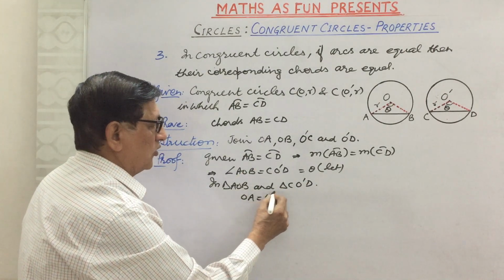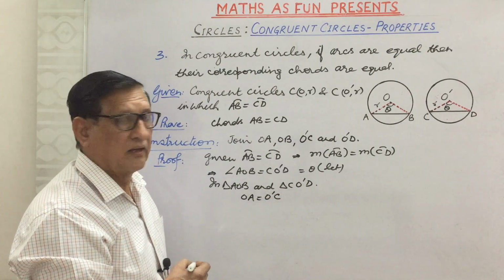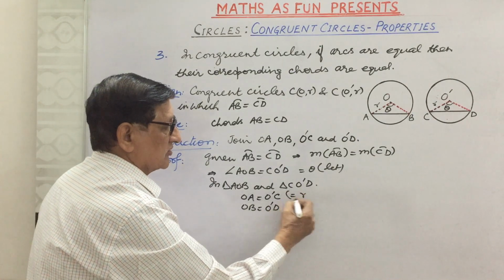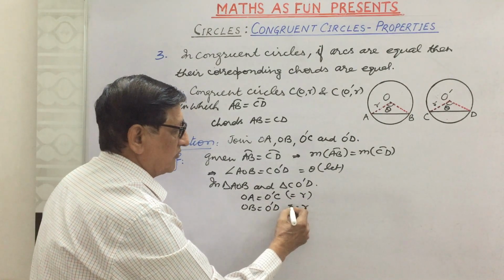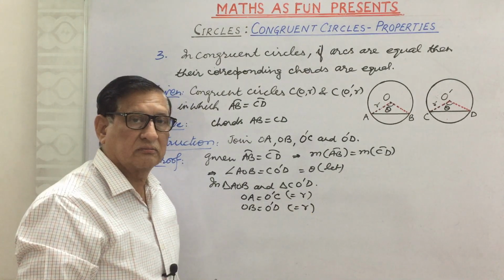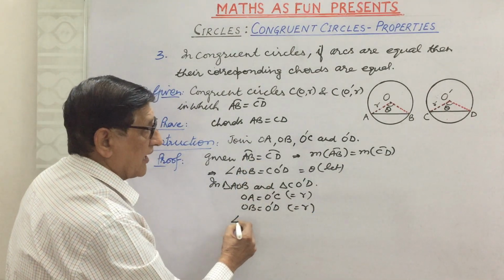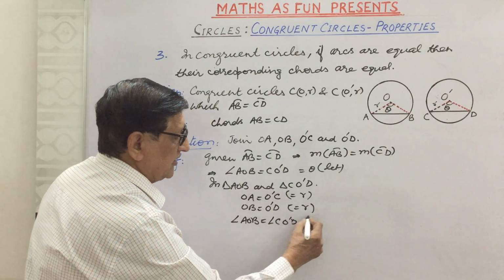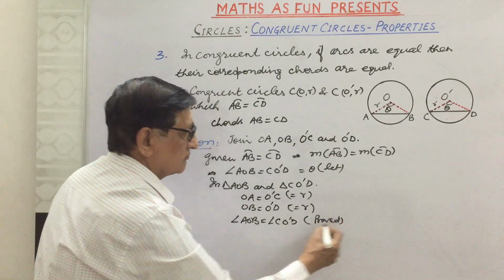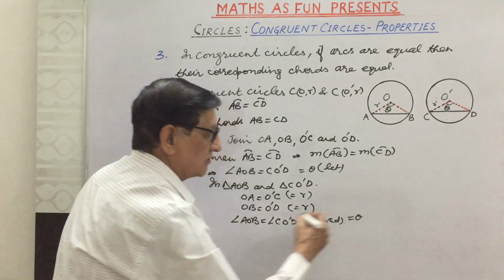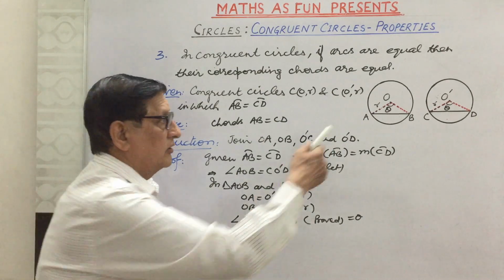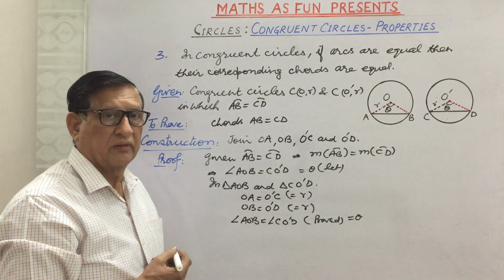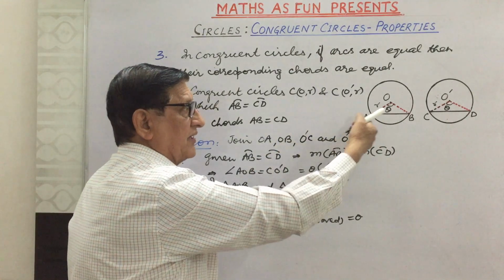OA is equal to OC and OB is equal to OD because all are the radii of congruent circles, they are equal to R. And angle AOB is equal to angle COD, we have just now proved, because each is theta. Here two sides and the angles bounded by them are equal. Therefore, the triangles are congruent by SAS.